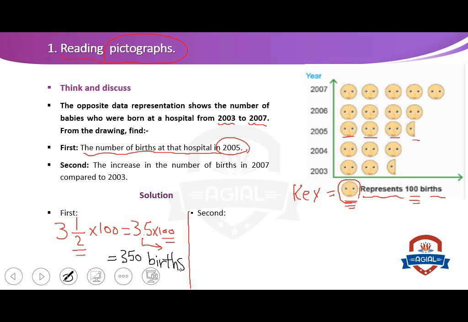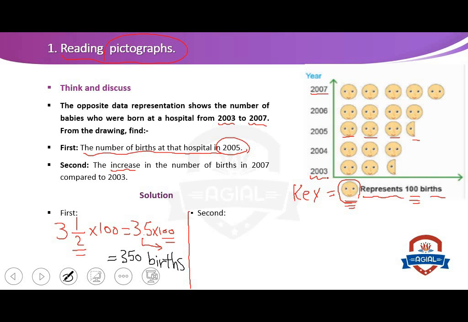And in the second question, we have the increase in the number of births in 2007 compared to 2003. So we need to find the increase, and to find the increase we have to find the difference between the number of births in 2007 and the number of births in 2003.